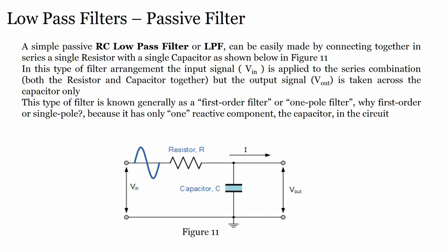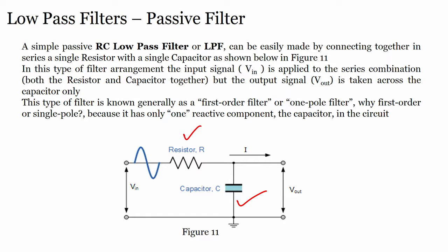I am just showing that a passive filter uses R and C. That is why we have the circuit in this particular configuration, a resistor and then a capacitor. We will see why this configuration is used.